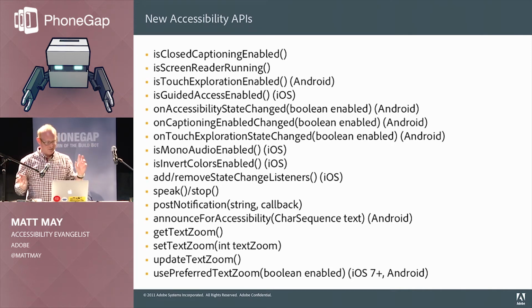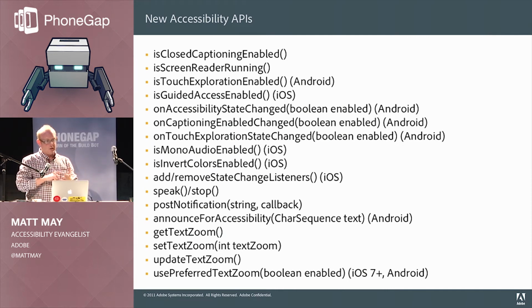These are all online. You don't need to, or you can take a picture, I guess. But the overview, basically, if you have closed captioning enabled as a setting at the operating system level, we can query for that, so you can turn on closed captioning in the videos that you're putting out in a PhoneGap application. You can test to see if the screen reader is running. On Android, like on KitKat and below, there's this function of touch exploration.